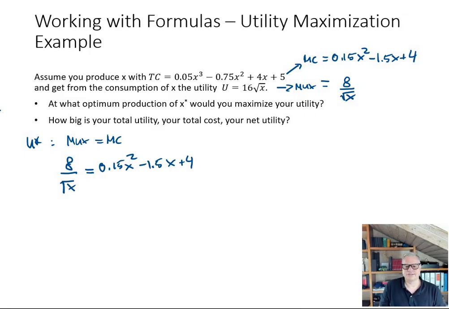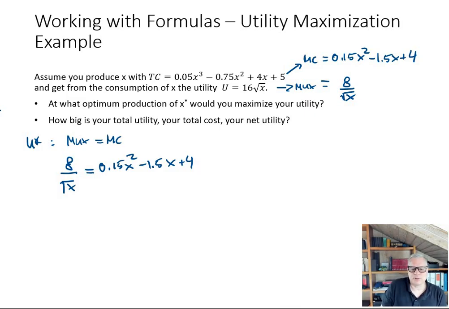Well, that's a pretty complicated function, and it will take me quite a while to figure that out. The good thing is, we can use Excel for that. And I'll show you how that works.